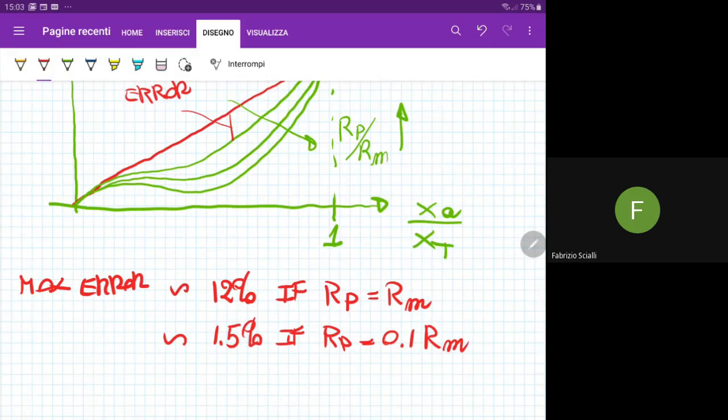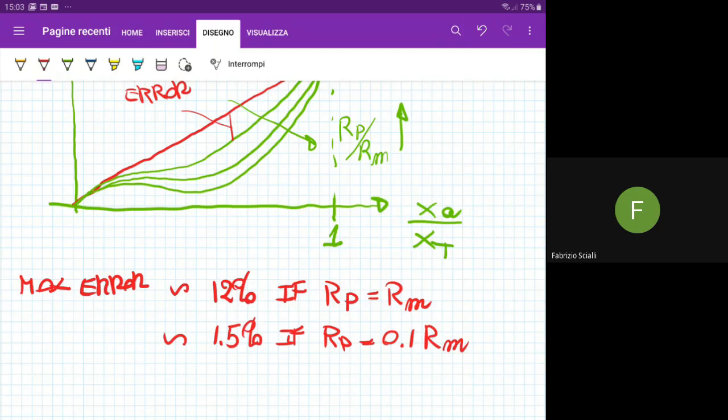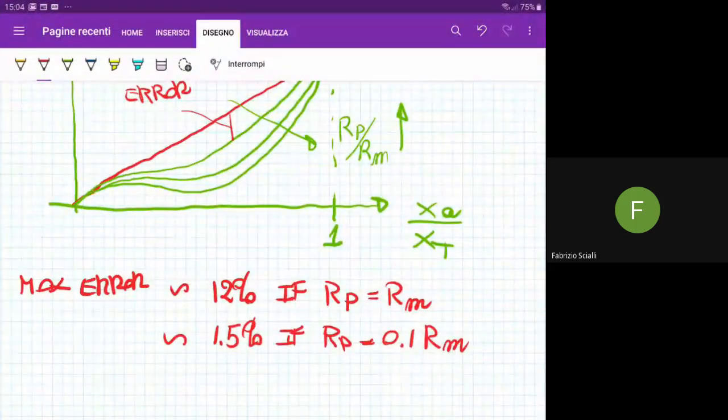Okay, so as you can see, when you are operating with a measuring circuit that is not ideal with respect to the potentiometer, then we have the maximum error of about 10%, 12%. Okay, that could be viewed as a large error or small error according to your measurement.